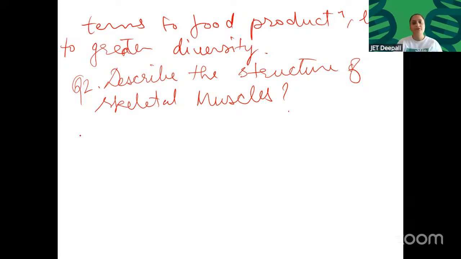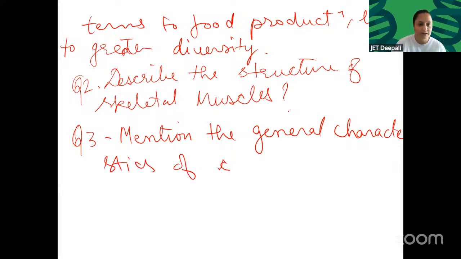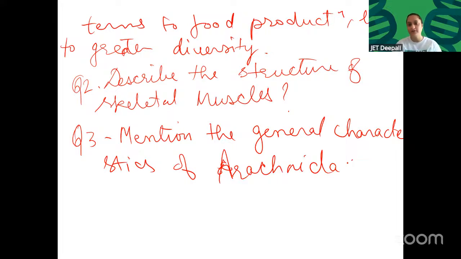Now question number 3 will be: mention the general characteristics of Arachnida. What is Arachnida? We studied in the arthropods class. Scorpions are included in Arachnida.